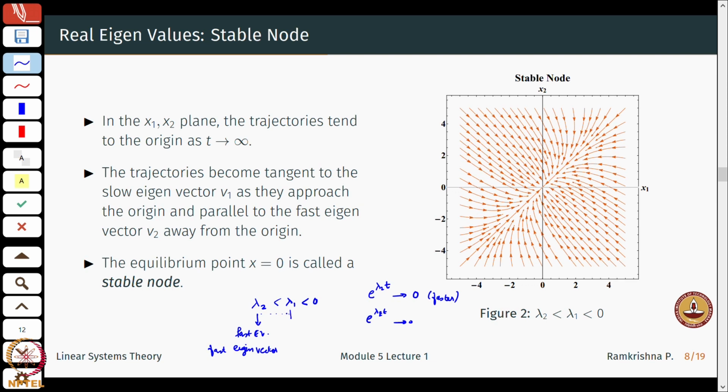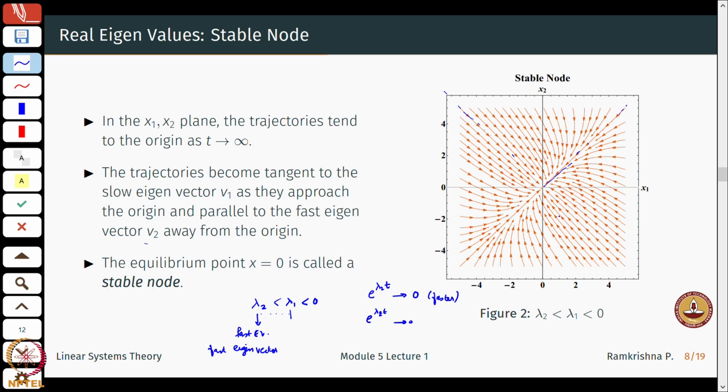As time increases, the trajectories become tangent to the slow eigenvector in V1 as they approach the origin, and parallel to the fast eigenvector away from the origin. You can see roughly here that the slow eigenvector should be somewhere around here and the fast eigenvector somewhere around here. You can quickly check for any example that this should hold.